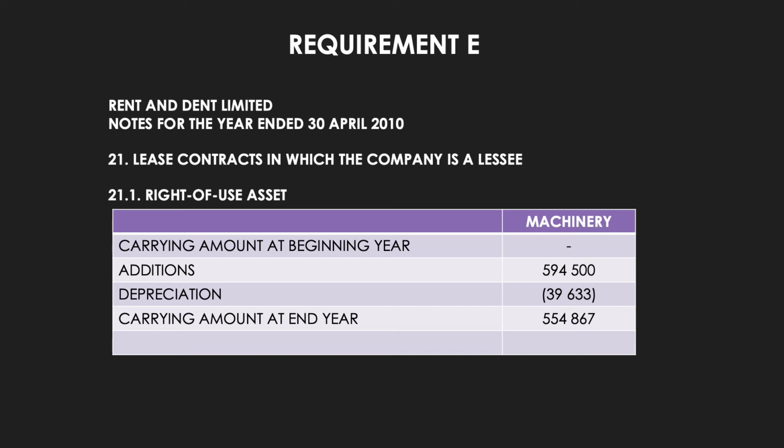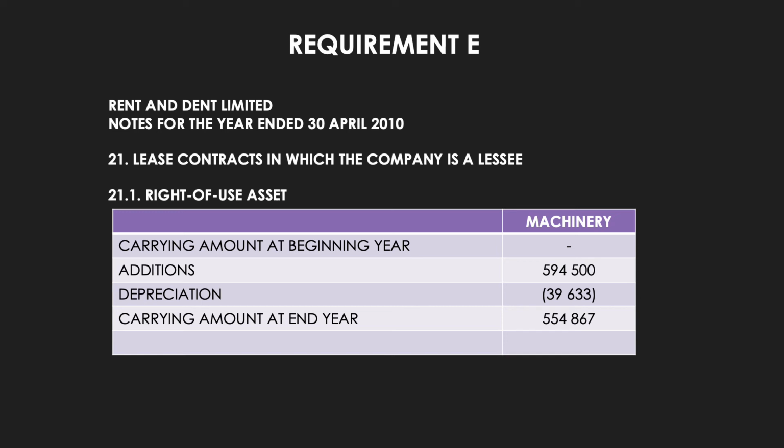What's important is when you prepare the sub-note for the right of use asset relating to the lease, you need to tell us what type of asset you are leasing. In this case, we are leasing a machine. At the beginning of the financial year, we did not have a lease yet because the lease only commenced on the first day of the financial year. Therefore, there was no carrying amount at the beginning of the year.